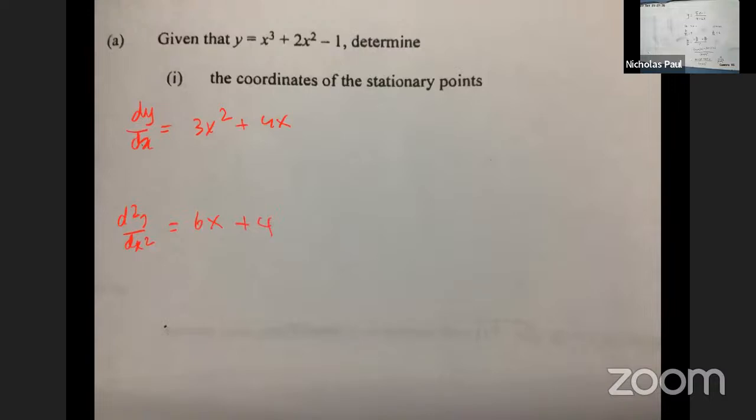When dy/dx is equal to 0, 3x squared plus 4x is 0. You can factor out x. So the two stationary values are x is 0 and x is minus 4 over 3.